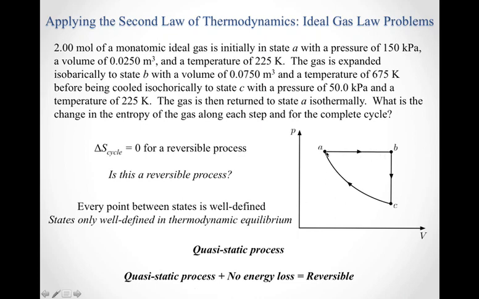So the quasi-static process that said I'm going to go from A to some really close state to A also means that I can undo that step and go backwards. So in plotting this out and saying we have a series of quasi-static processes, what that means is we can go backwards. We're assuming no energy loss as our gas goes around the cycle. This is a reversible process.